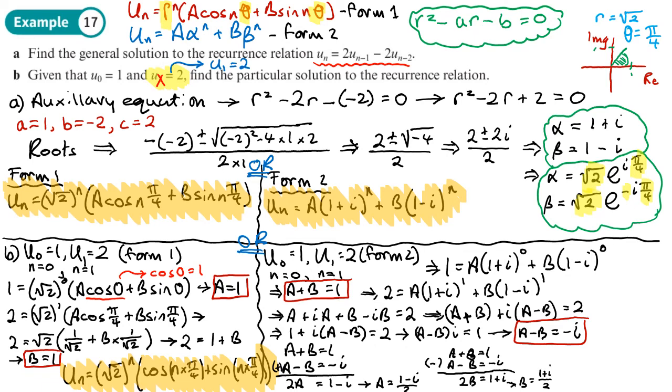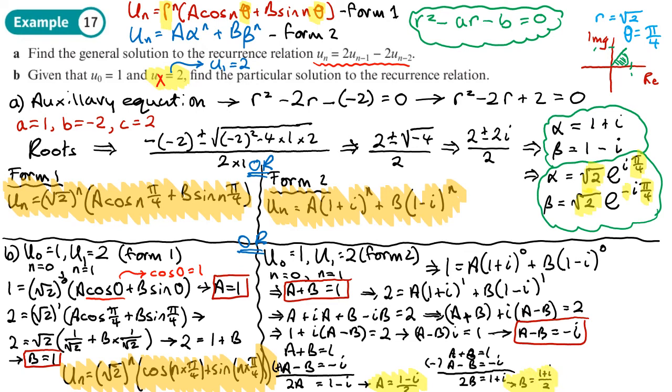So I'm now ready to write my particular solution in this form. And notice that my arbitrary constants a and b, so let's just highlight those, are complex, not real.